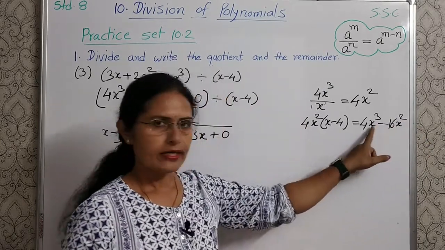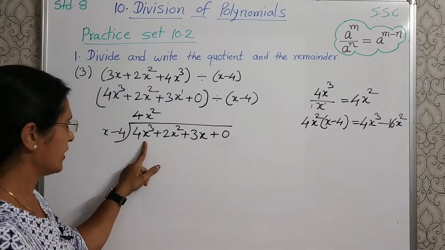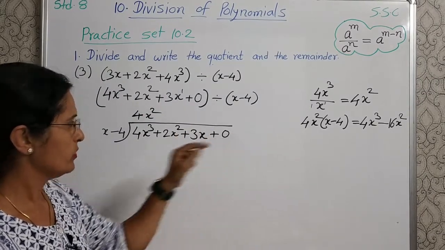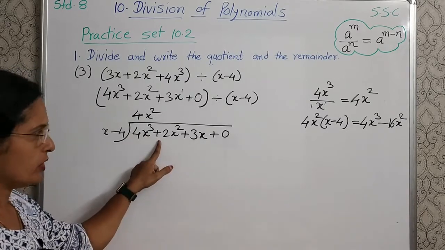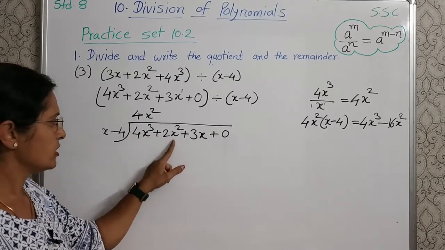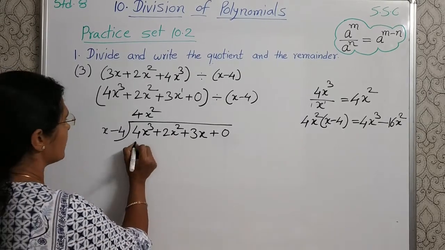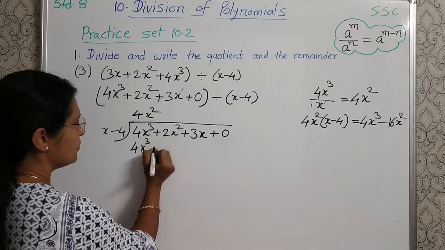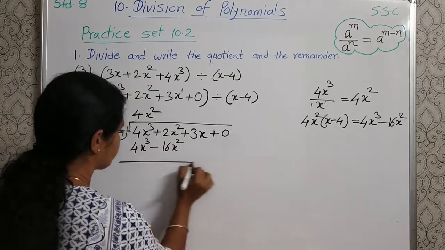Now write these terms below the like terms. So 4x cube and 4x cube will be one below the other, and minus 16x square will be below plus 2x square, because here x square and there also it is x square. These are like terms. So write here 4x cube minus 16x square.